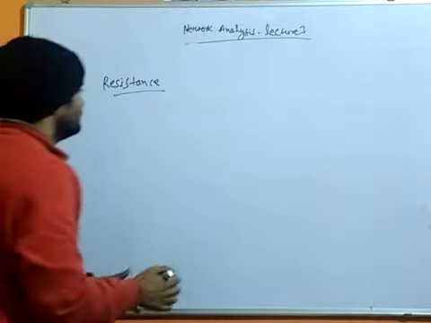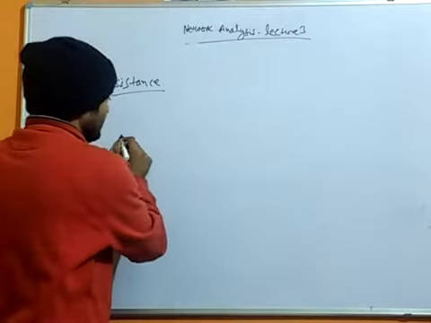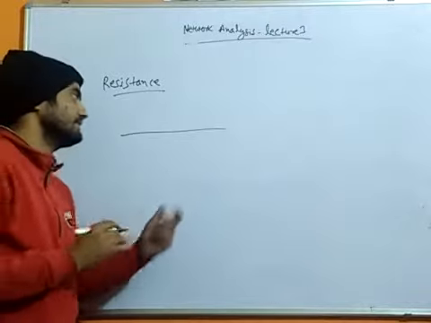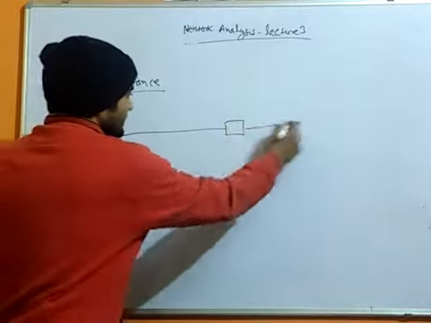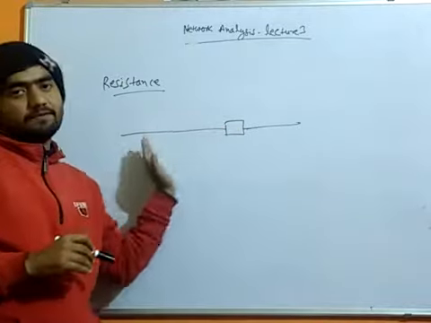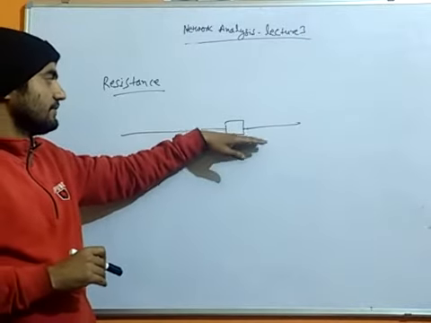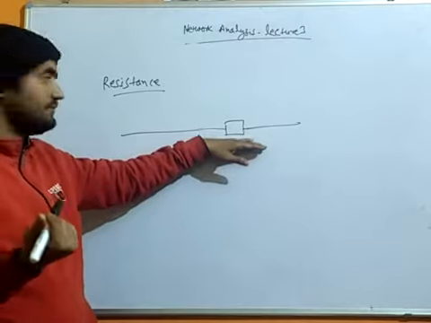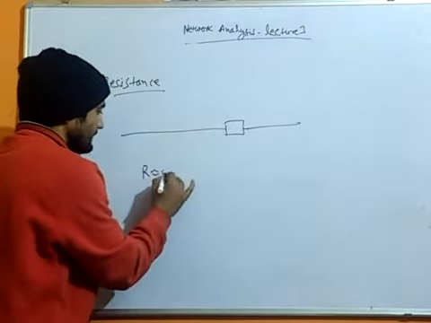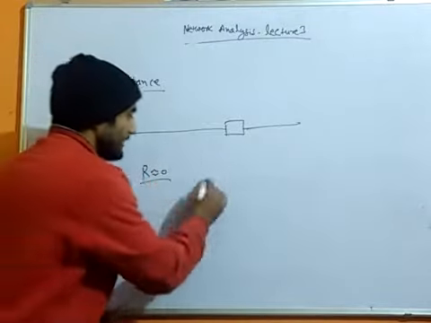Like we just studied, if there is a conductor or a path, an element, whatever it is, it opposes the flow of current. Sometimes it may oppose the flow of current with a very small value. So if the resistance value is very small, roughly equal to 0, it means it is allowing the current to pass through it easily.